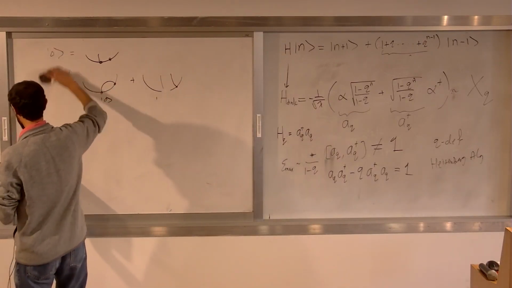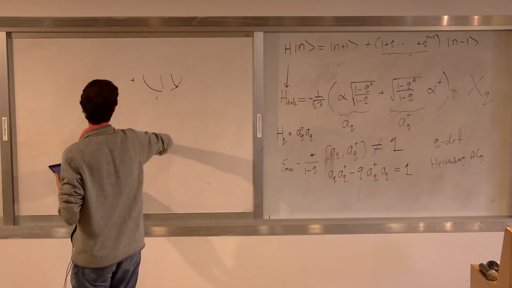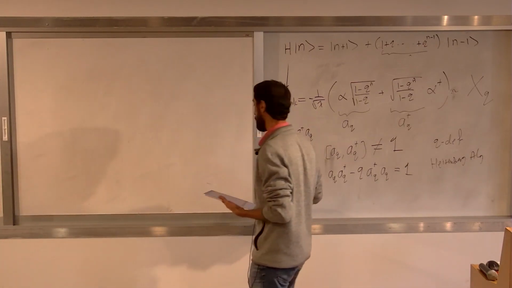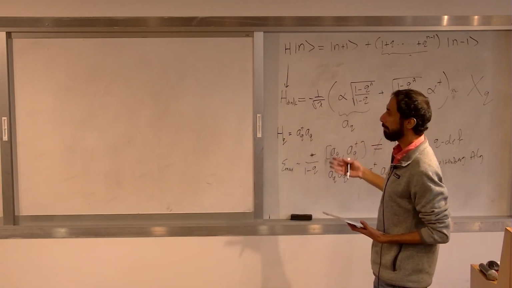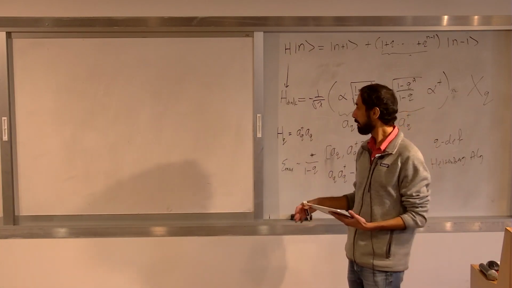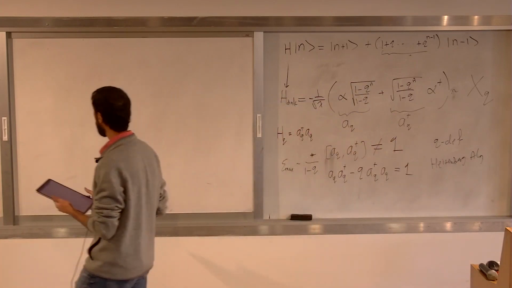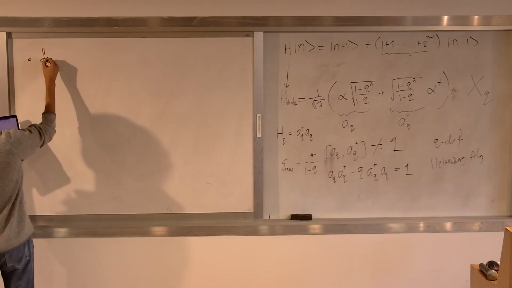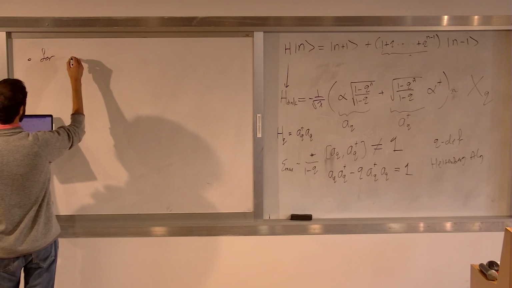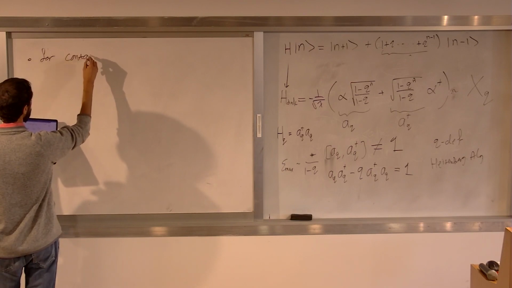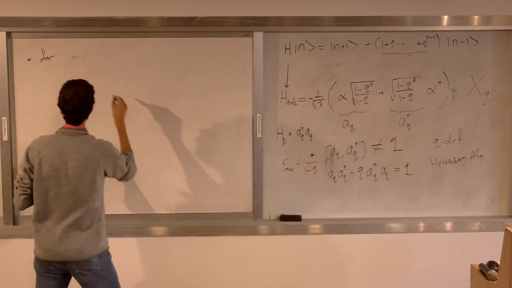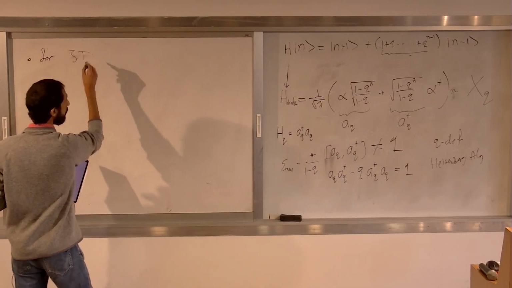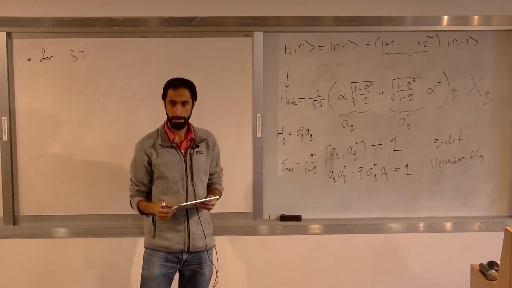Now, let's make contact with JT gravity. This theory is defined for any number of chords, a small number of chords or a large number of chords. To make contact with JT, we should take a large number of chords. This was part of the calculation of the trace of e to the beta H. So what is the final result that you get?